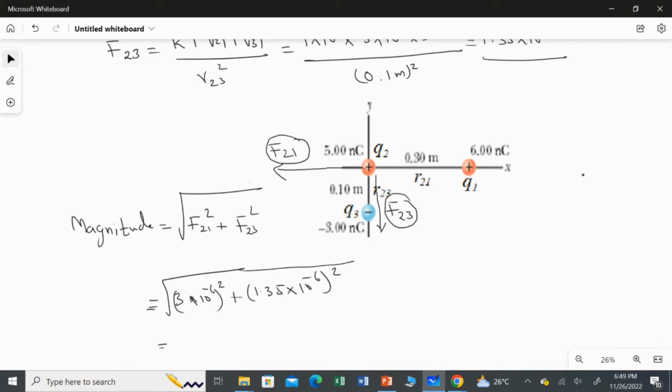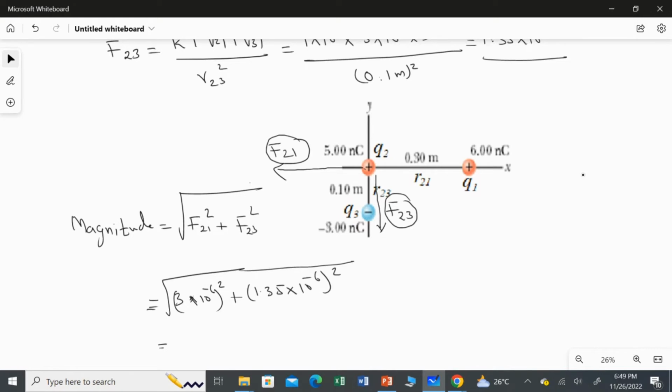I got, what's this answer? I think I did not calculate properly, right? Okay, I will do it one more time. 3 10 power minus 6 square plus 1.35 10 power minus 5 square.